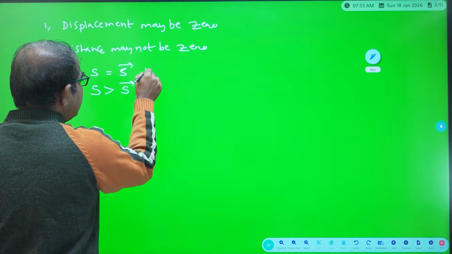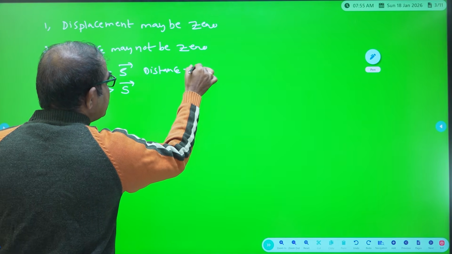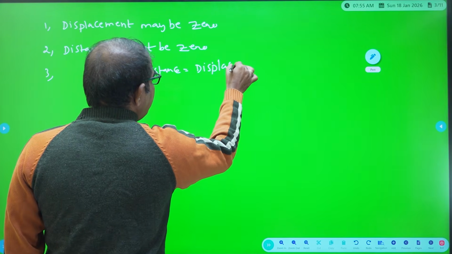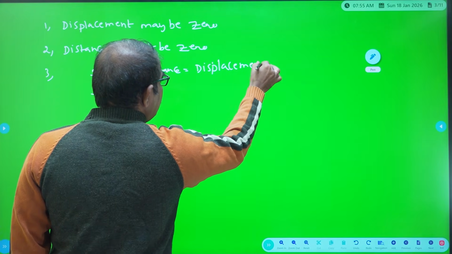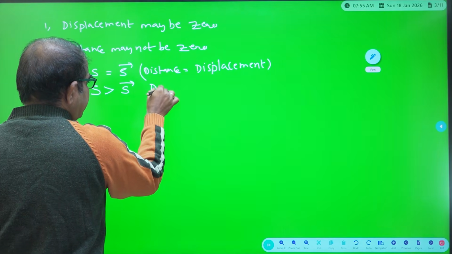So distance is equal to displacement for a straight line path.